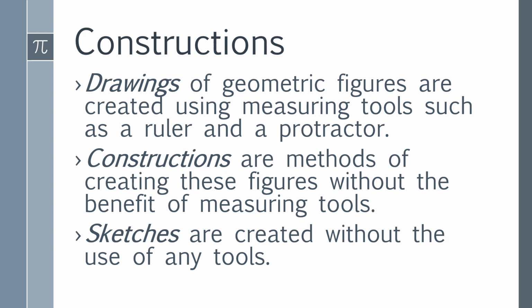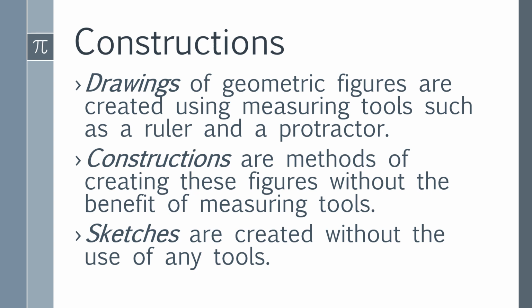So, knowing this concept now, we've got various things called constructions. There are 3 types of constructions. We have what's called a drawing, where we use measuring tools such as a ruler and a protractor. We measure. Architects do drawings. Constructions are methods of creating these figures without the benefit of measurement tools.